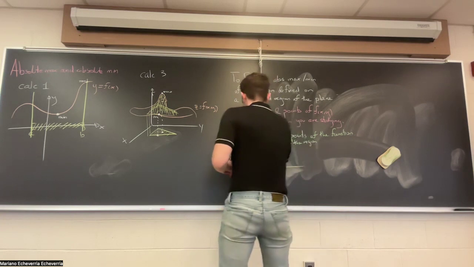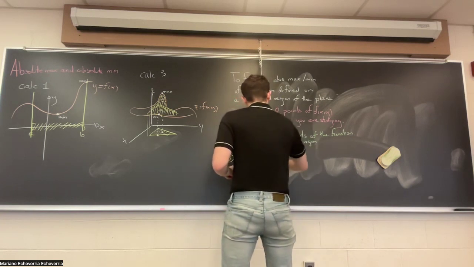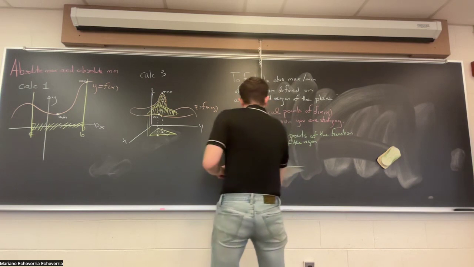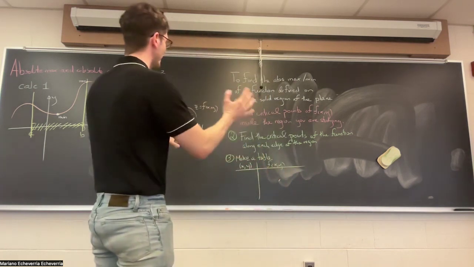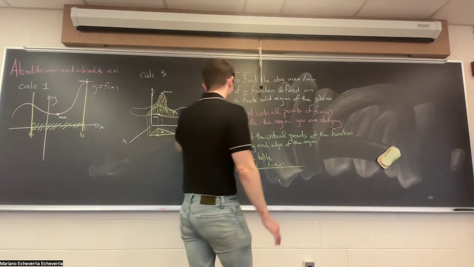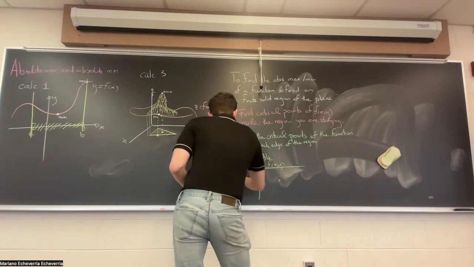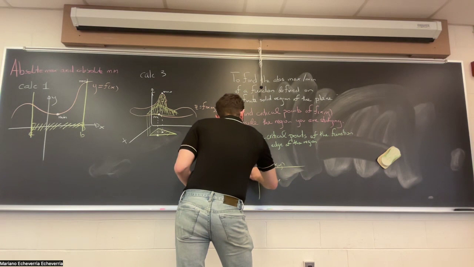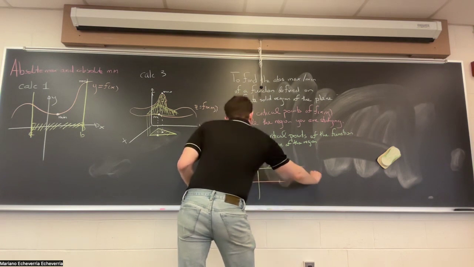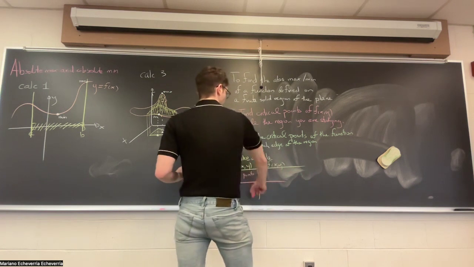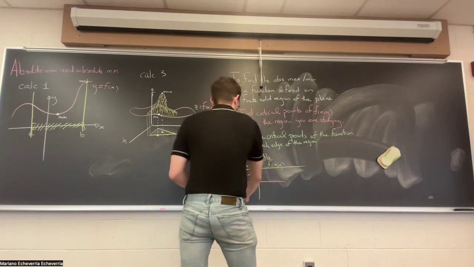So you're going to make a table that has the critical points from part one. Then you evaluate the function at each critical point from part one.